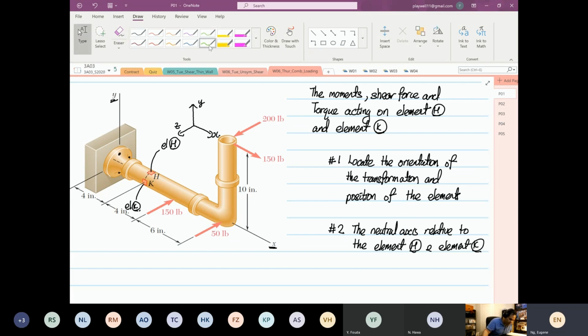The neutral axis, as you can see, is exactly on this line over here, which I'm going to draw in green now. You can see that, right? So that is the position.